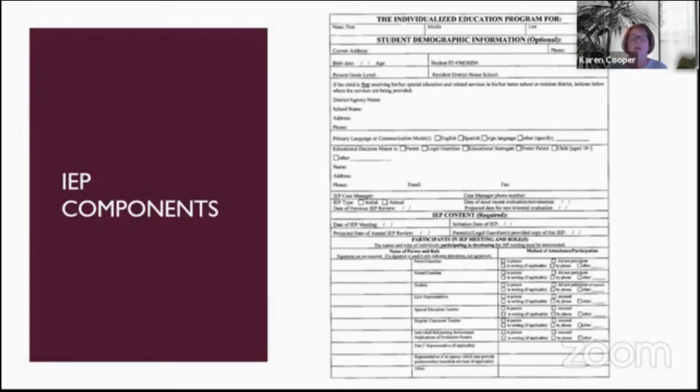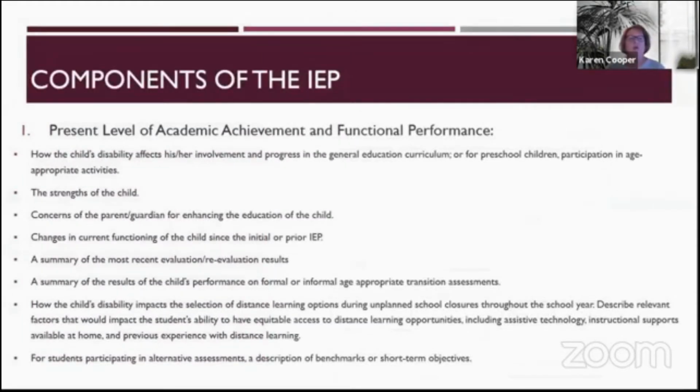Your school district's IEP may look a little bit different, but it should have the same components. And the first one is that demographic page that just lists the information about the student and who attended the meeting, etc.